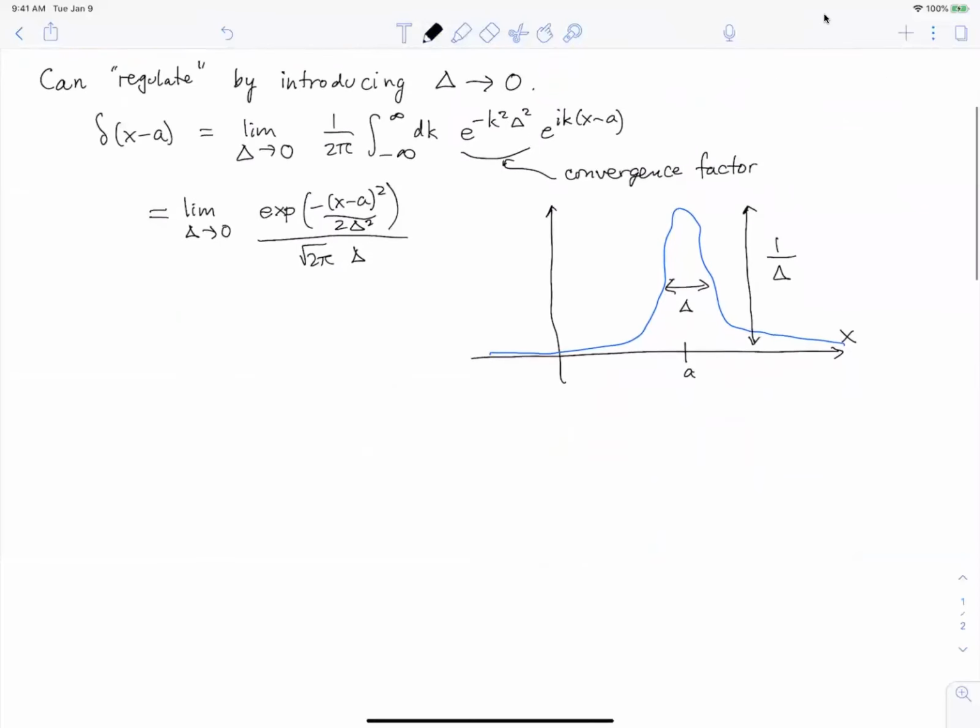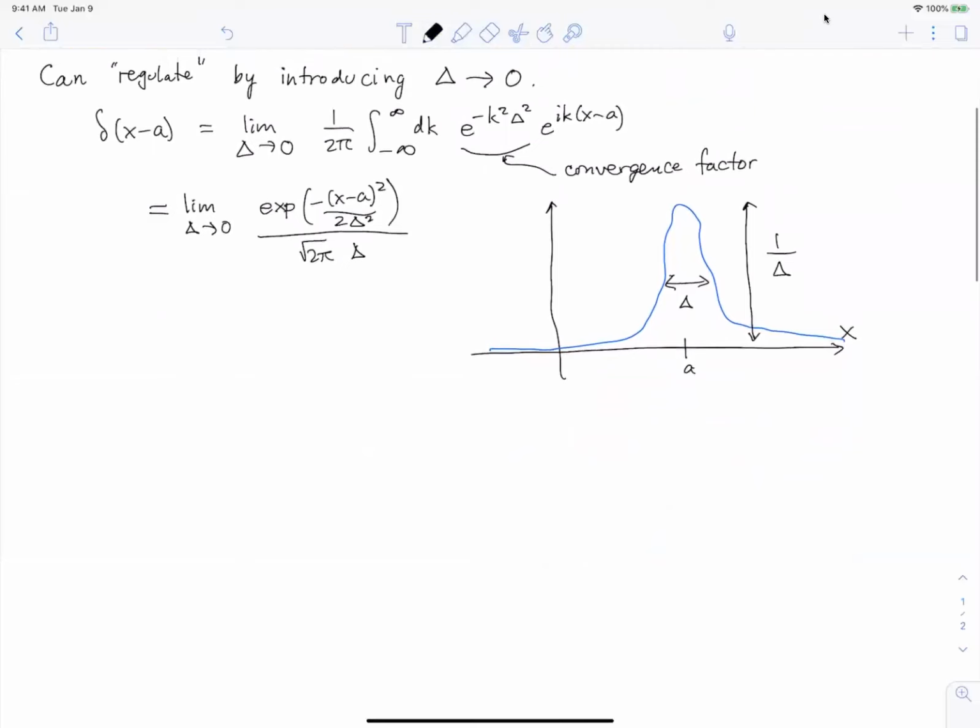Okay, so also last time, we had introduced a one-to-one correspondence between kets and wave functions. So if we had a ket that we call psi, we can associate with that a wave function, psi of x.